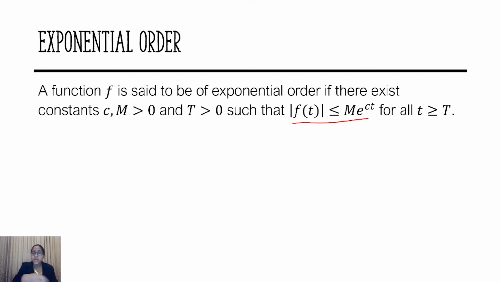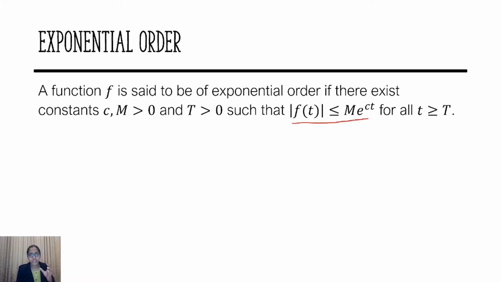Or we can say that if you look at the graphs of f and the exponential, the graph of f should move slower than the exponential graph. It will tend to infinity at a slower pace than the exponential function. Such functions are said to be of exponential order.